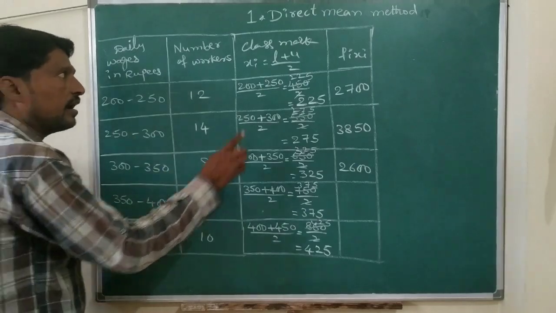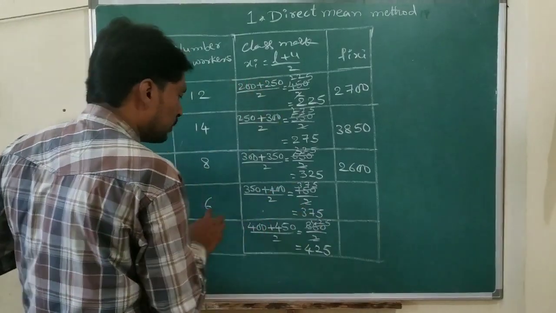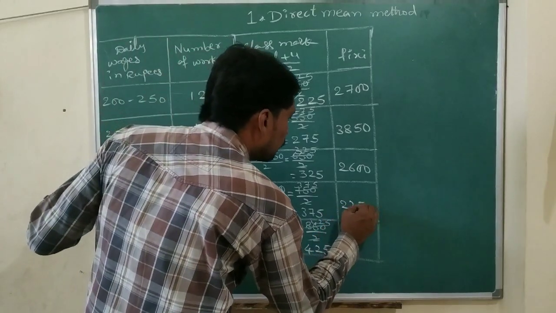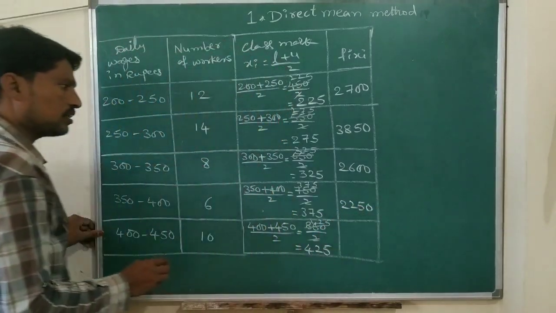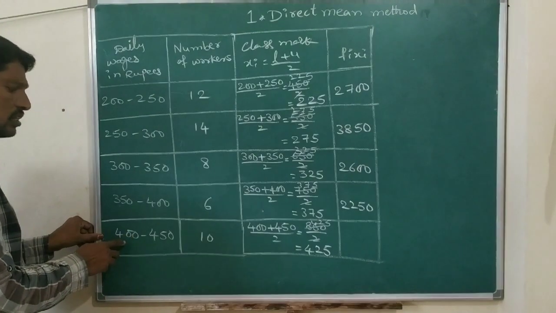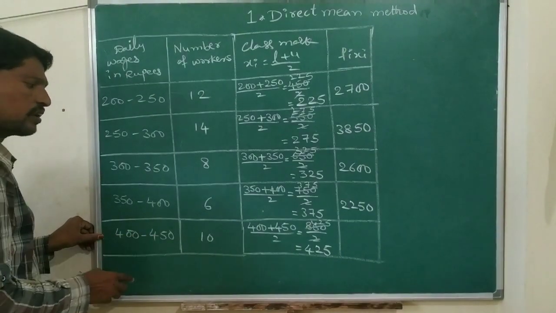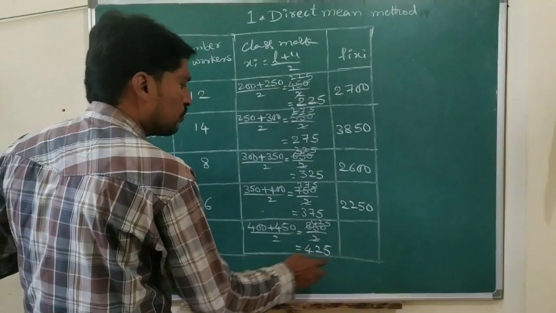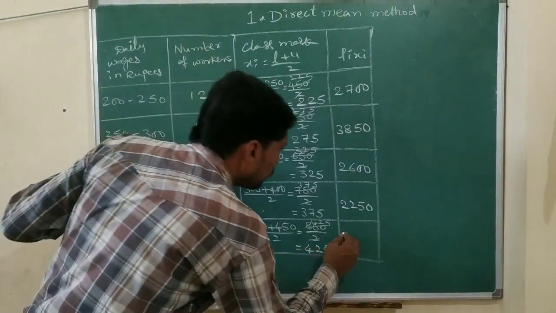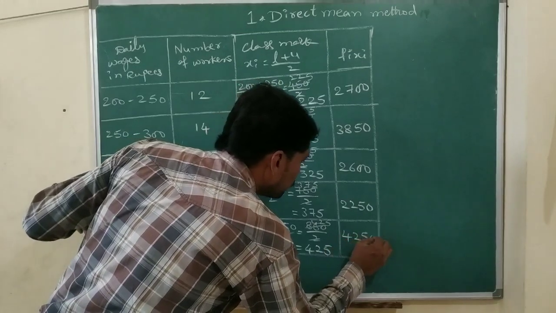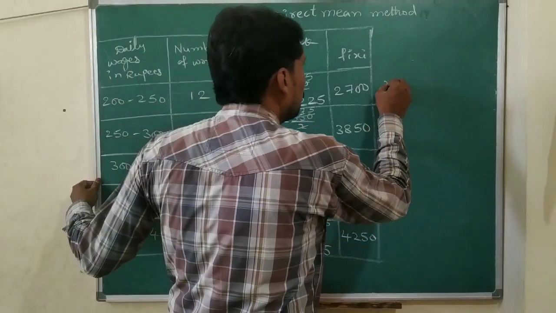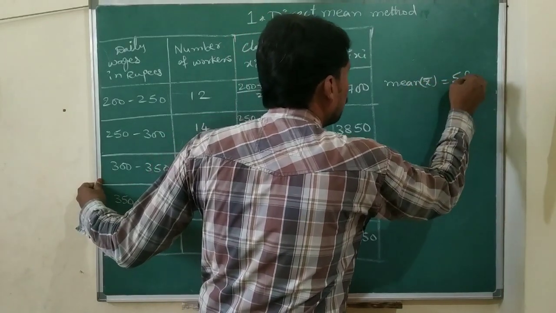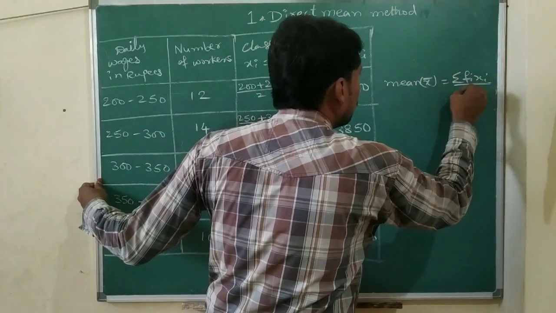Frequency is 6 and class mark is 375. 6 into 375 is 2250. Last class 400 to 450, frequency is 10 and class mark is 425. 10 into 425 is 4250.